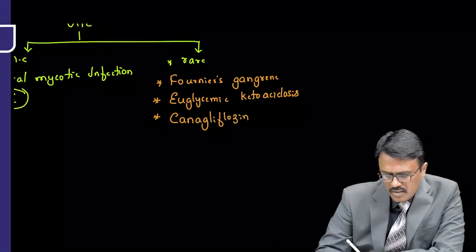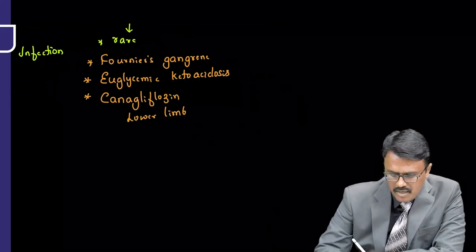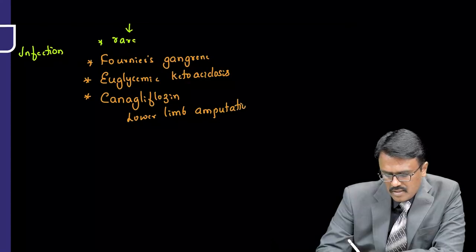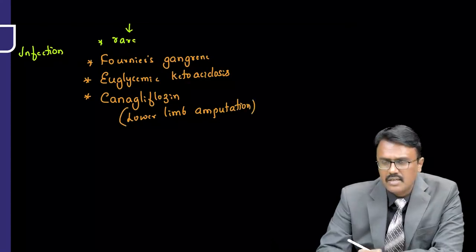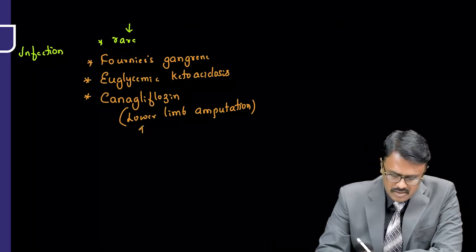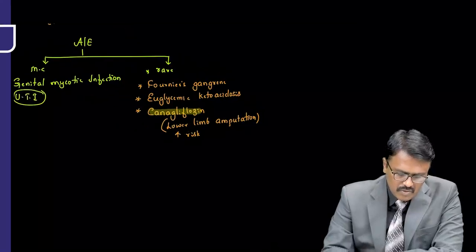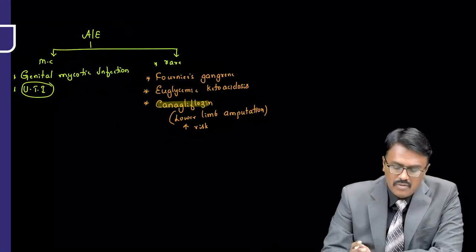Canagliflozin has shown to increase the risk of lower limb amputations. Lower limb amputation is increased risk by canagliflozin. They have done a study where they have shown to increase the risk. The drug is canagliflozin. So the adverse effect, most common, I told you, and the rare ones.